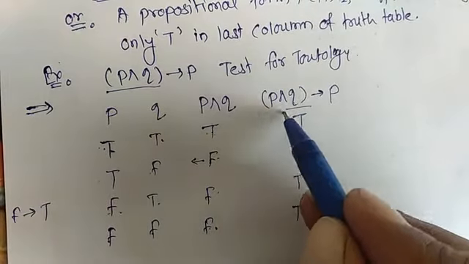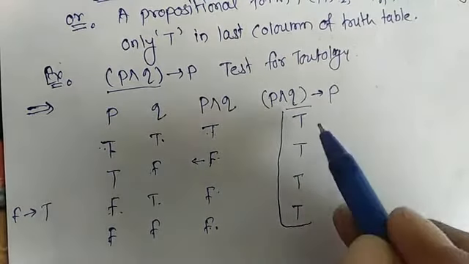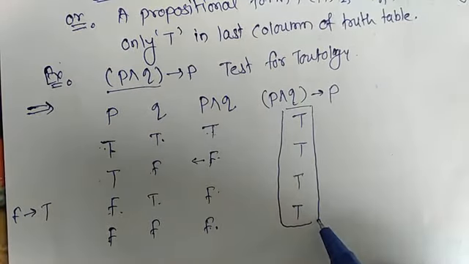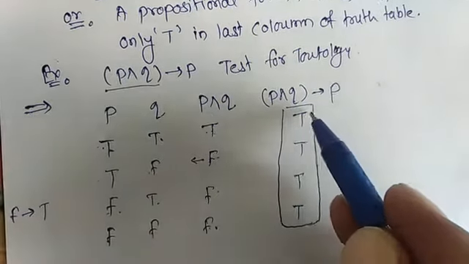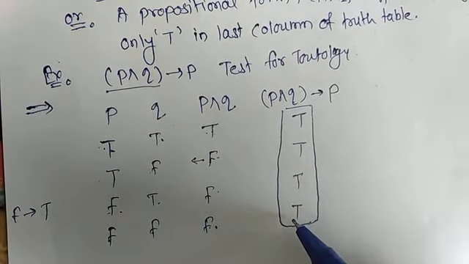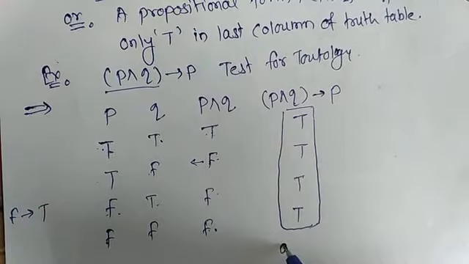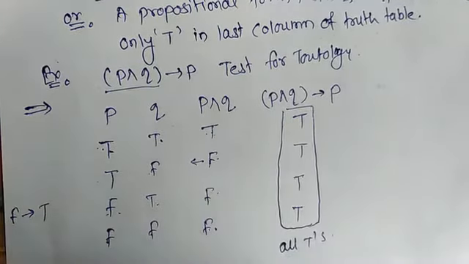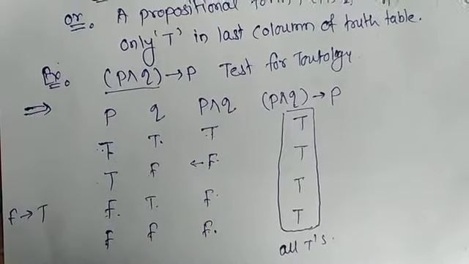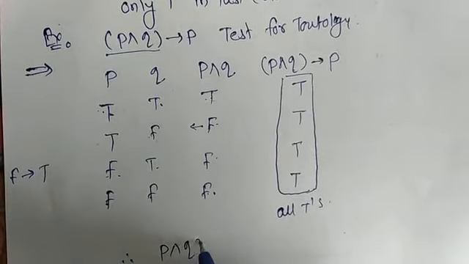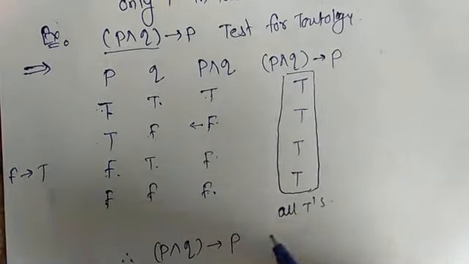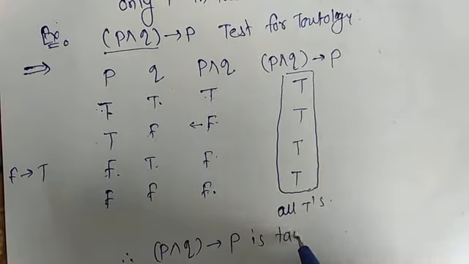So for this propositional form we get all T's in the last column. Therefore you may write that P and Q implies P is a tautology.